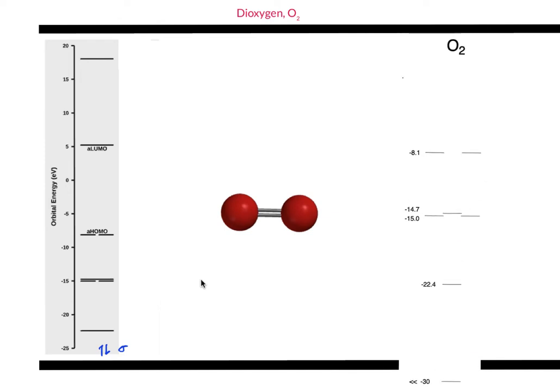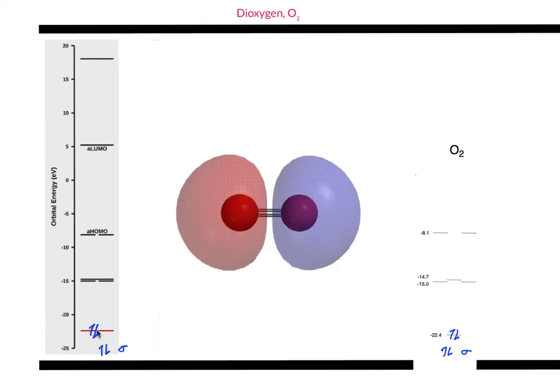Adjusting the inset for the numerical energy values, each oxygen atom has 6 valence electrons, so dioxygen has a total of 12 valence electrons. There are 2 electrons in a lower energy orbital. Then the first orbital that shows up on Spartan is the sigma antibonding orbital.